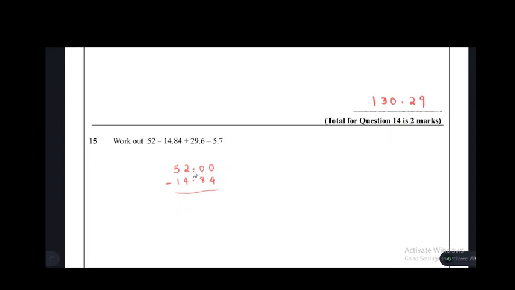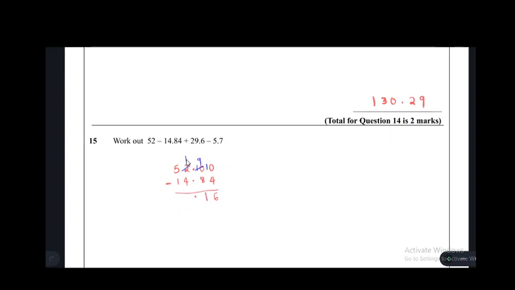So these are zeros. I'll go to the next place value, so that is the 2. I'll borrow, and then I'll remain with 1 here. This becomes 10. I borrow again. This remains 9. This becomes 10. So 10 take away 4 gives you 6. And then 9 take away 8 gives you 1. I'll put the decimal place right there.